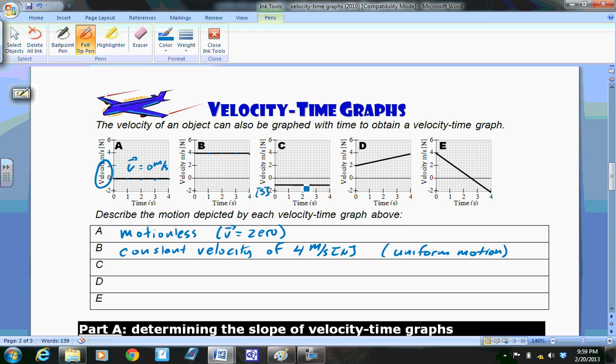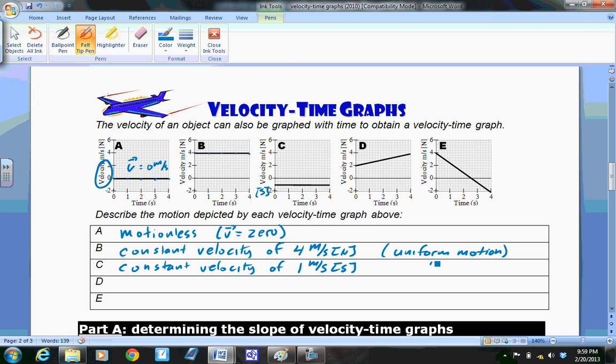At 2 seconds, it's 1 meter per second south. At 3 seconds and 4 seconds, it's moving at 1 meter per second south. So again, we've got a constant velocity of 1 meter per second towards the south. Again, it's uniform motion in this situation.